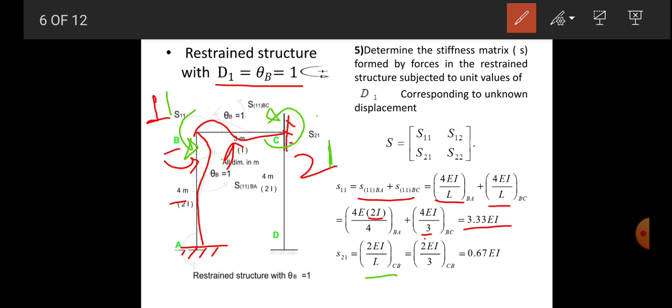So positive 2EI by L becomes S21. With length of CB as 3 and moment of inertia I, it becomes 0.67 EI. So by doing unit rotation theta B equal to 1, we have the first column of the stiffness matrix, S11 and S21 values.